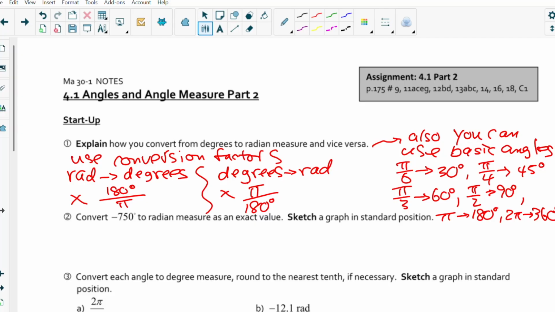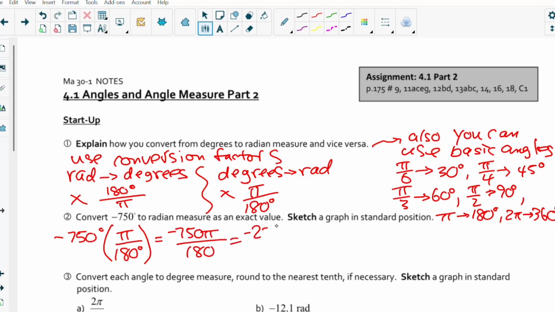Let's convert negative 750 degrees to radian measure as an exact value, and sketch a graph in standard position. So negative 750, remember, it matters that you have that degree sign. Use our radians to degrees conversion factor. Reduce that, I get negative 25 pi over 6.